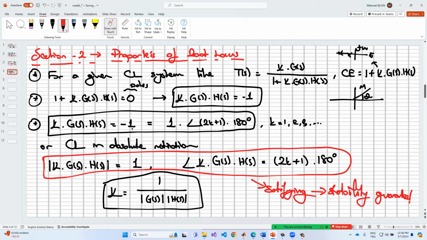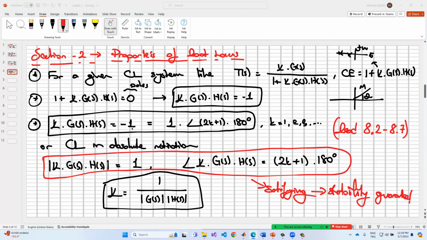Please read the Nise book, section 8.2.7, if you want to understand more detailed information about the root locus.